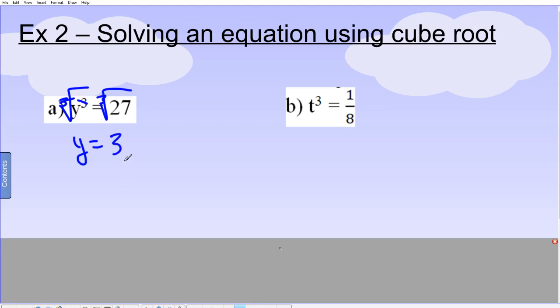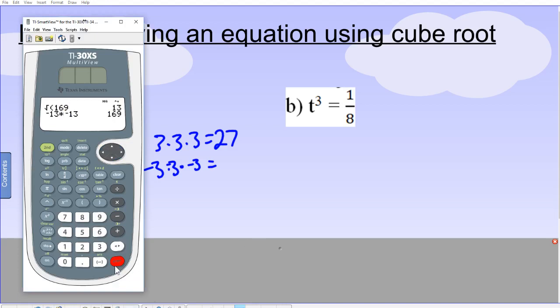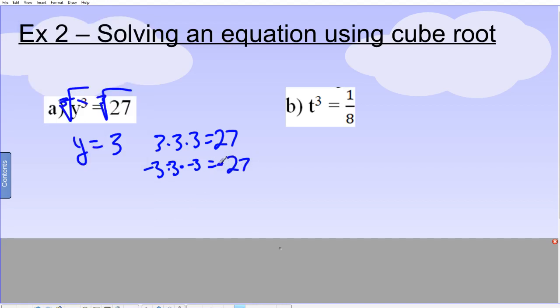It's not positive and negative 3, because 3 times 3 times 3 is 27. If I use negative 3, negative 3 times negative 3 times negative 3 is negative 27. It does not work out. So when you cube root, you do not get two answers. You only get one.